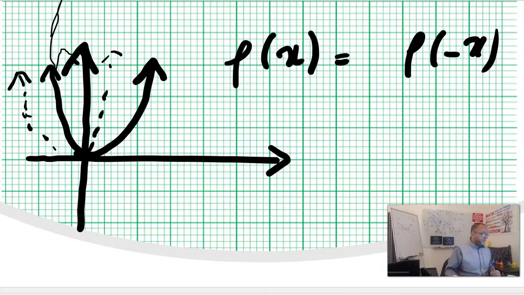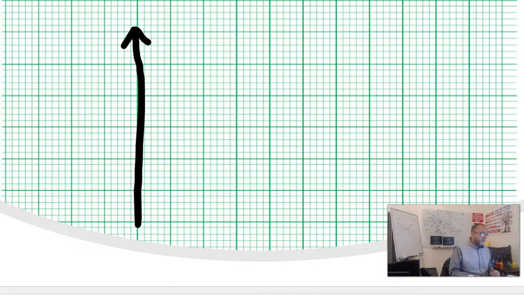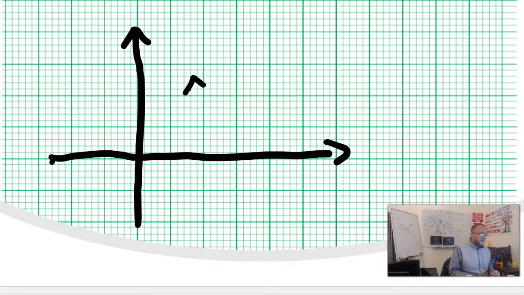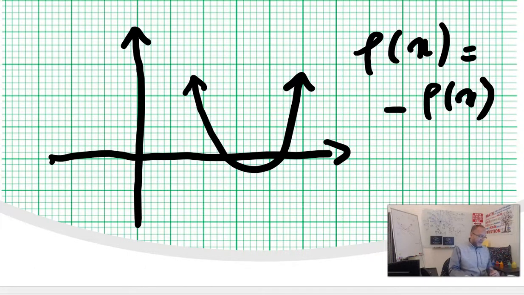And then if you have something like this, make it easy again with y equals x squared, if you do minus f of x, you are doing the reflection over the x-axis.